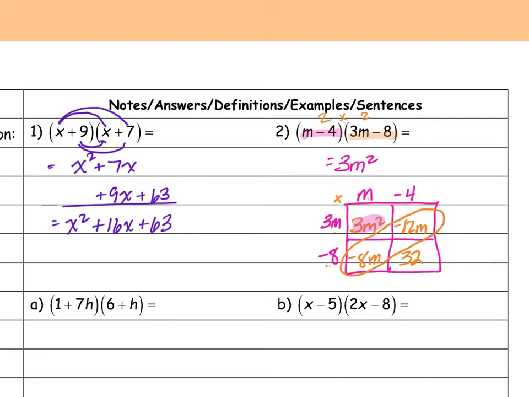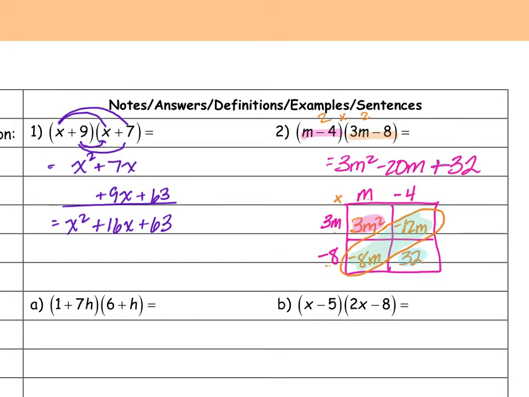Now I'm going to take my diagonal here and add that together. Okay, so that's a negative 8 minus 12, negative 20m. And then the last one I have is just my last little box, which is my last term. So plus 32.